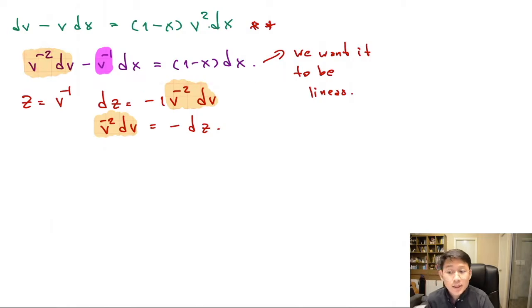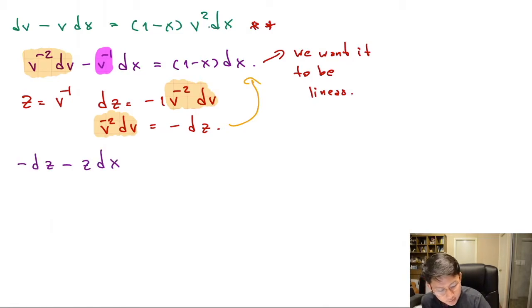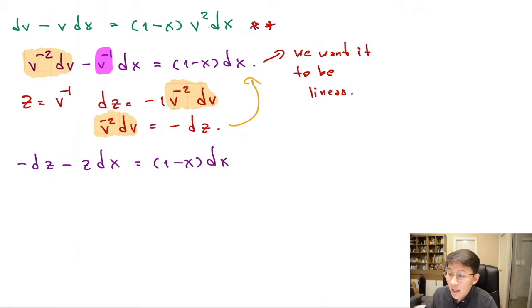And this is a Bernoulli equation, right? We did it a couple of times before. So we substitute that back into this equation. What we have is minus dz minus z dx equals 1 minus x dx, and then I multiply the whole equation by minus 1.